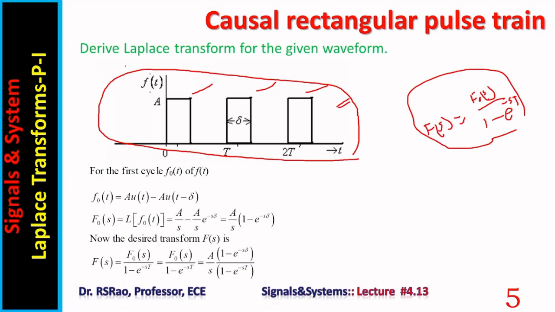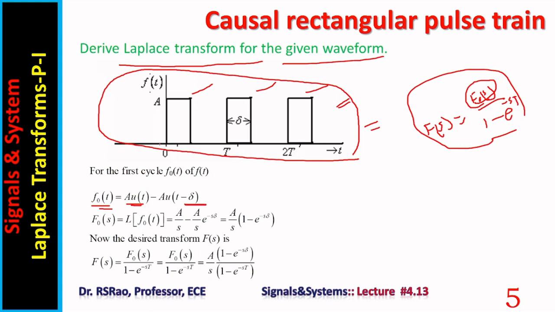So let us start. The problem is to derive Laplace transform for the given waveform. The given waveform is a causal periodic one. The formula requires us to find F naught of s first. So first let us define f naught of t, which is the time domain signal corresponding to F naught of s. f naught of t is a u of t minus a u of t minus delta.